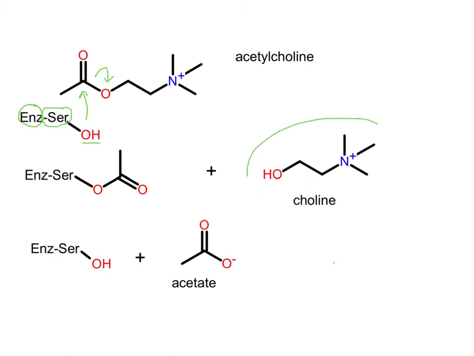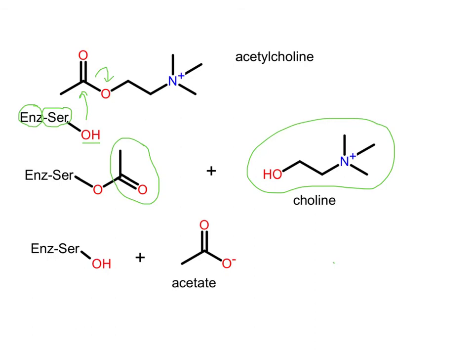So now we've produced choline, the enzyme's done part of its function, but at this stage the enzyme's serine amino acid in its active site has picked up the acetyl group. Here it is bound to the enzyme. But that's only temporary.